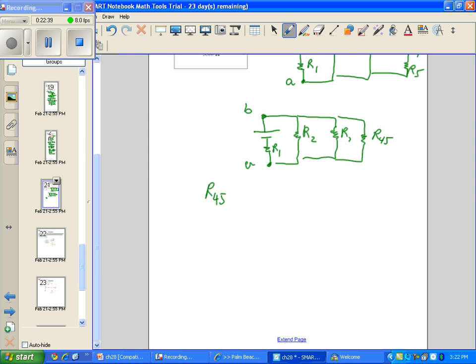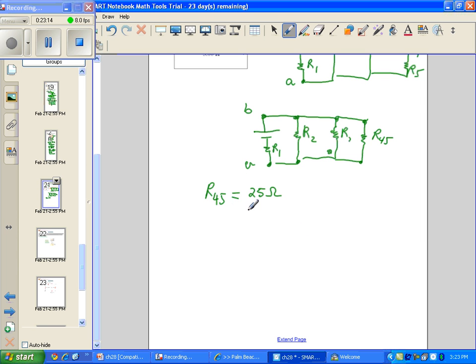So R45 is equal to 20 plus 5, or 25 ohms. Now, when you look at the circuit, what we have left over, R45, R3, and R2 are in parallel with each other, since the same potential difference across each is what is across, in fact, the points A and B, which is where we'll want to go next.